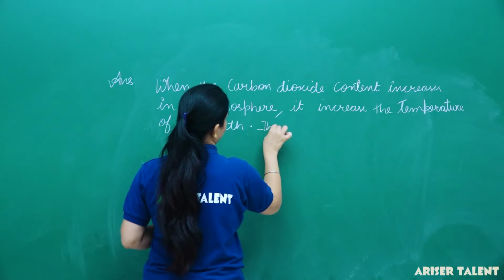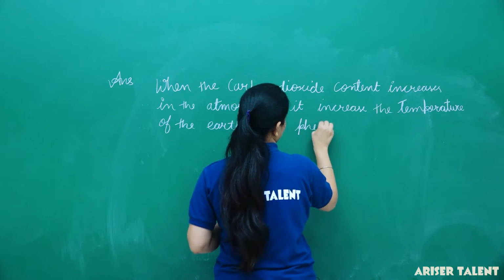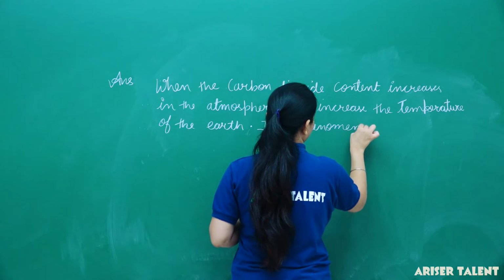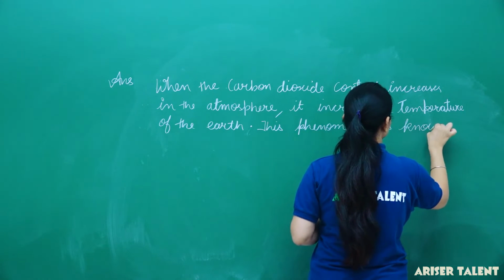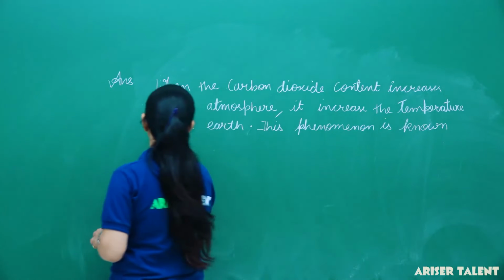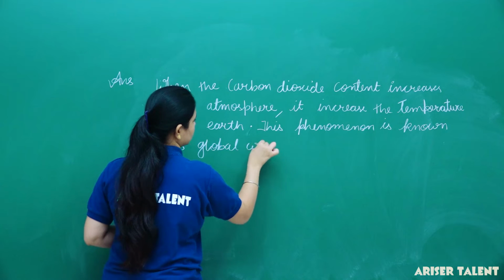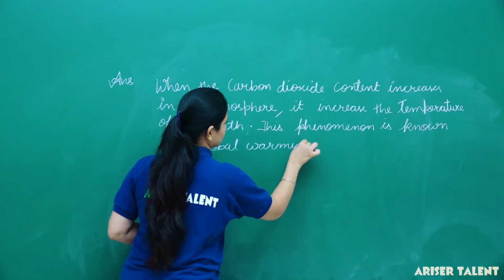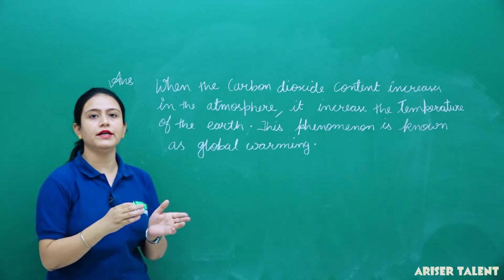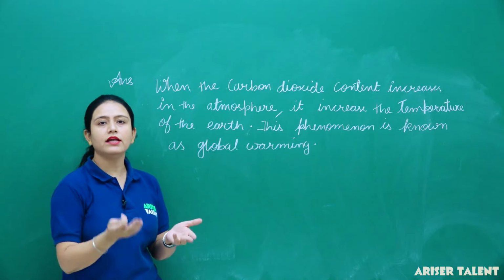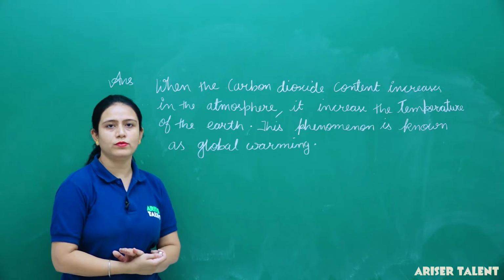This phenomenon is known as global warming. Clear? What is global warming? When the carbon dioxide content in the atmosphere increases, then it increases the temperature of the Earth, and this whole phenomenon is known as global warming. Clear?